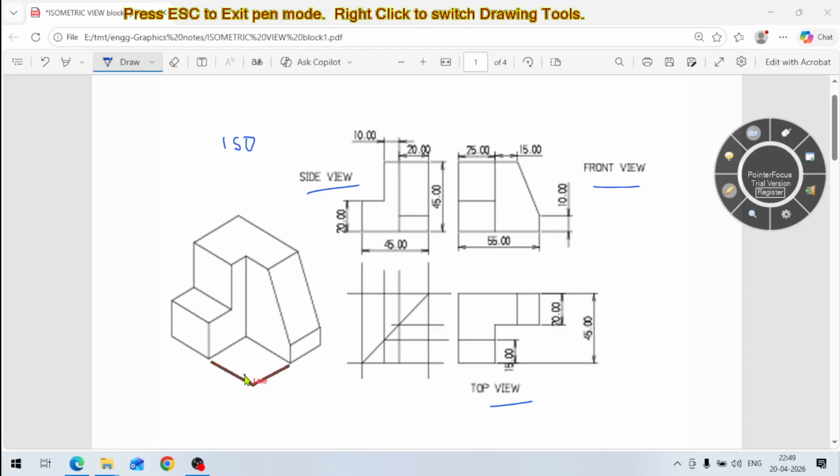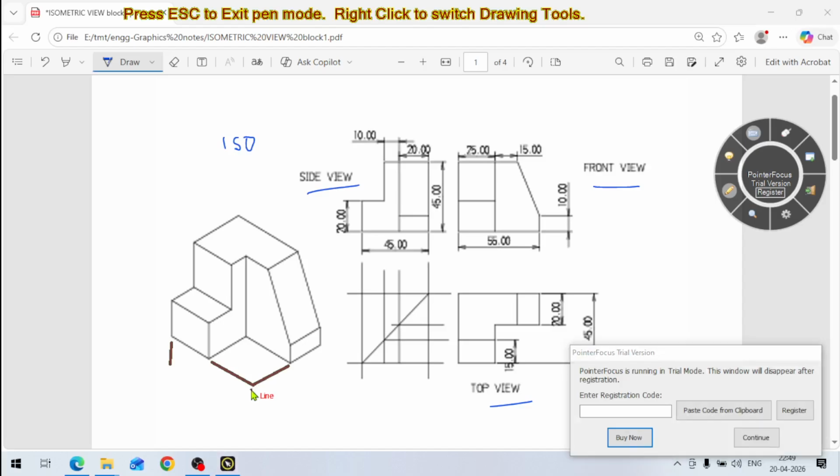So these construction lines we have to draw. And now this total length, it is here 55. So how to draw this now? A vertical line I have to draw like this, and a vertical line from this point also like this.